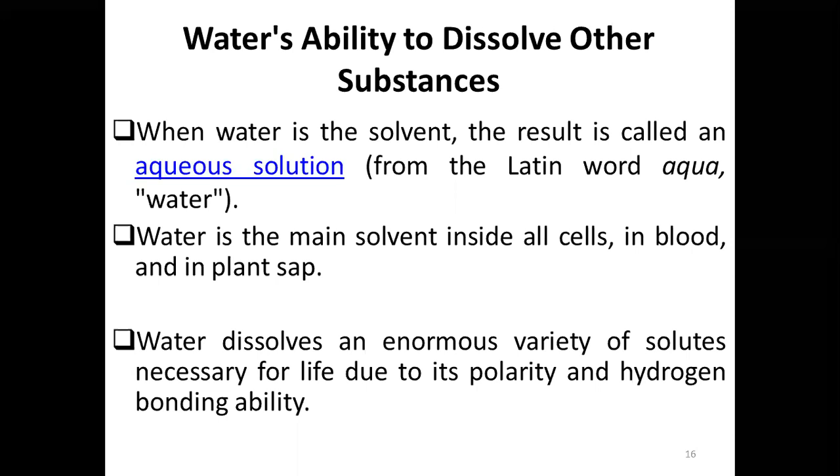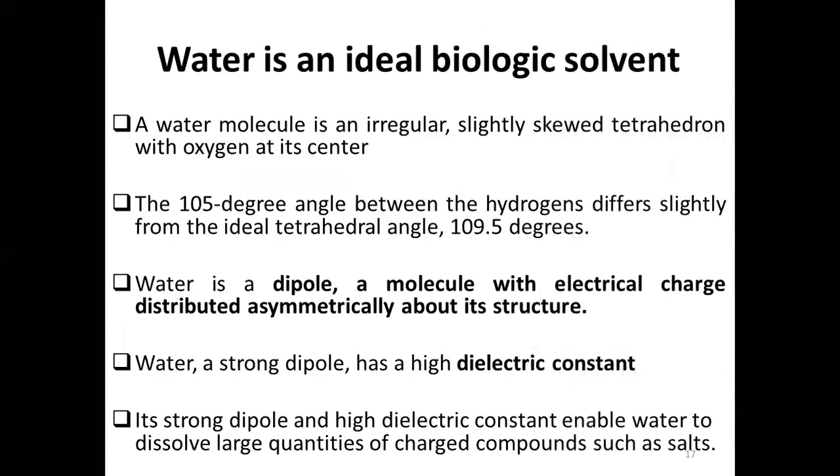So water dissolves an enormous variety of solutes necessary for life due to its polarity and hydrogen bonding ability. There are two aspects of water that make it a very good solvent: polarity and hydrogen bonding. Most substances that are polar are highly soluble in water, and most substances that are polar are able to form hydrogen bonds. So the two actually flow together.